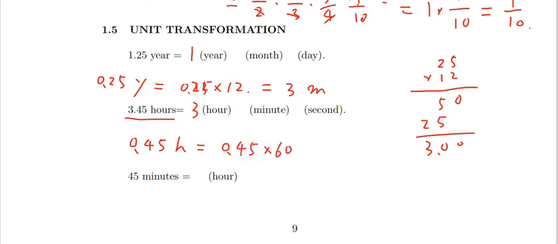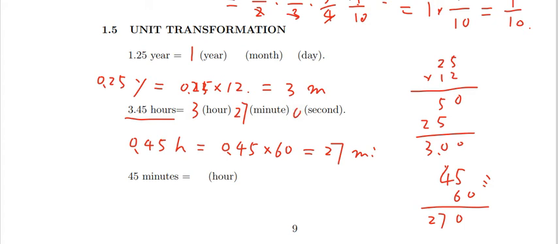So 0.45 multiplied by 60 equals 27, right? So 0.45 hour equals 27 minutes. So it is 3 hours 27 minutes, 0 seconds.